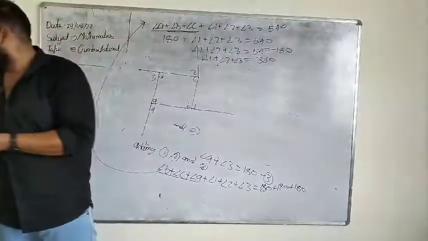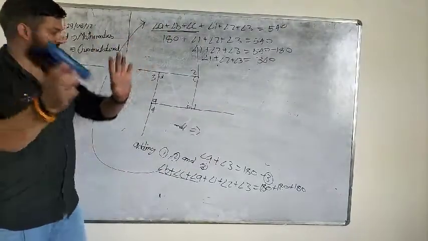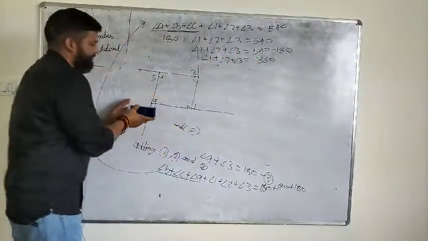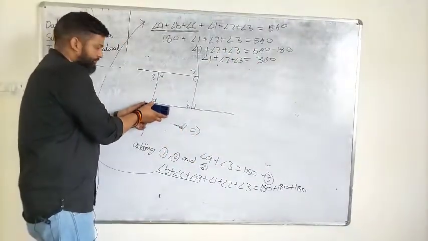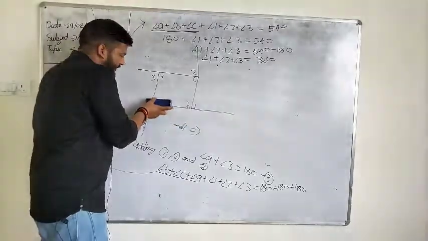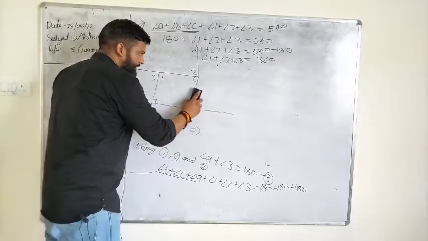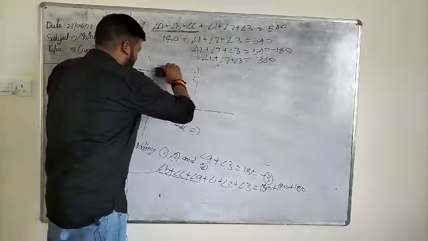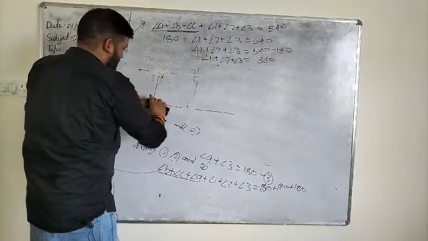There is another method you can use. Just think this is a car, and you are here. Now move from A to B, then this way, B to C, C to D, and D to A, and then this way.